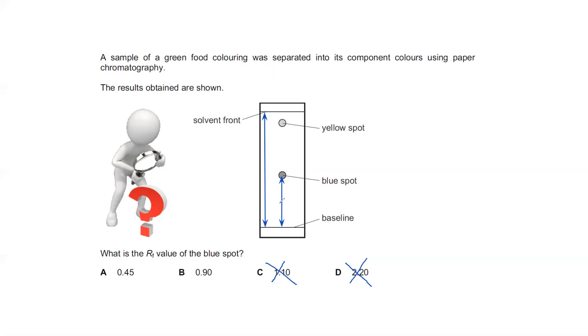For example, if this was 4 centimeter, and what about the solvent one? You're talking about the spot position, that's 4 centimeter you measure, and what about the solvent?